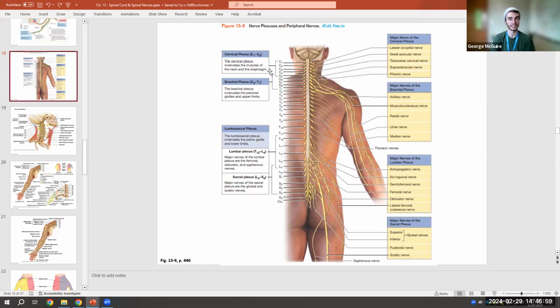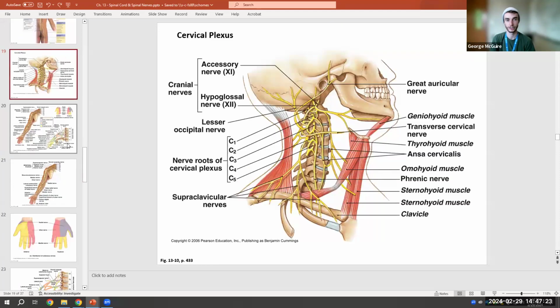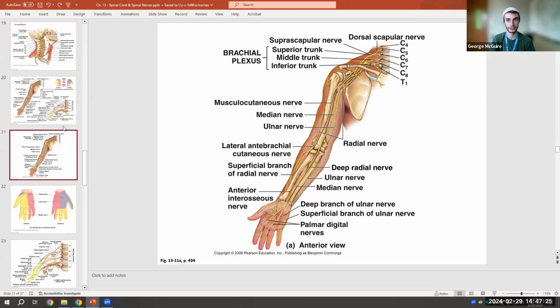So we have our cervical plexus, brachial plexus, lumbar plexus, and sacral plexus to be aware of and what they innervate. All of the thoracic nerves in between, T2 to T11, are not part of any of these plexi. They mainly innervate the trunk, whereas the rest of these tend to extend a bit beyond the trunk. So these are mainly just reference, putting all the figures together for you guys.